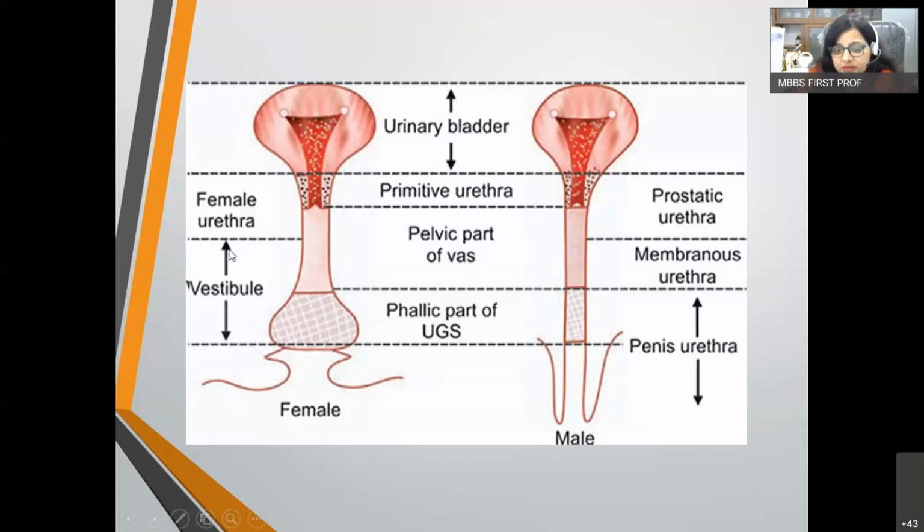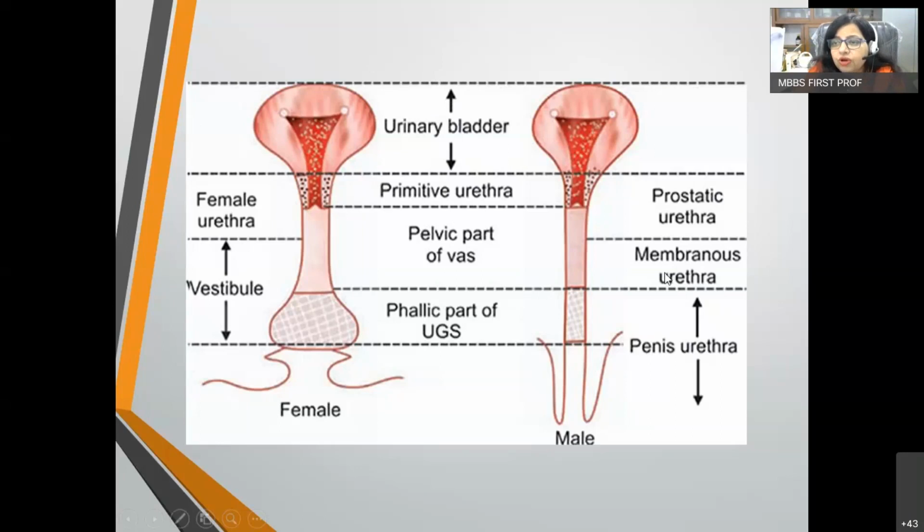Then the remaining part is the vestibule in the females, whereas the pelvic part, the caudal one, is forming the membranous urethra. And the phallic part is responsible for the penile urethra. So this is the difference between the male and female urethral development.